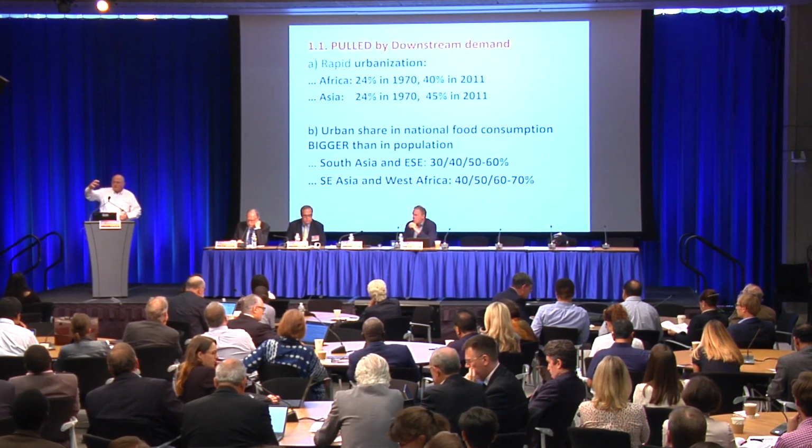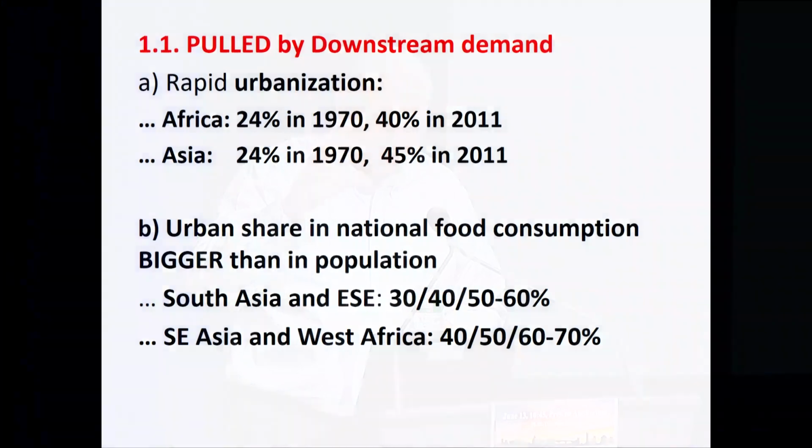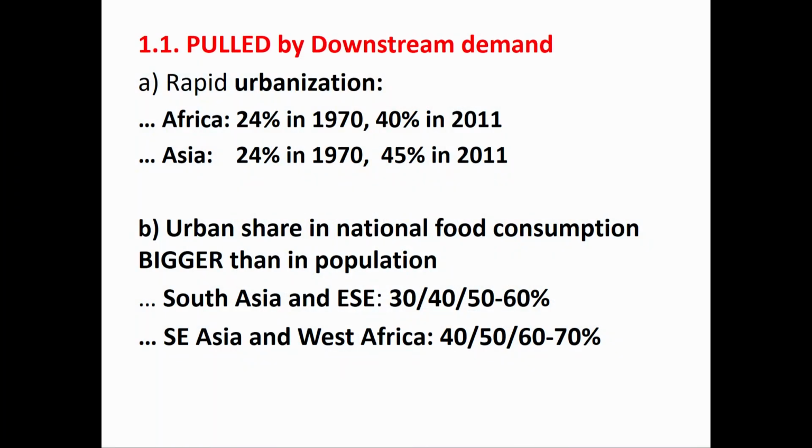And you can think of this process as pulled by downstream forces, which include urbanization and diet change, and facilitated by midstream forces of food system change, and upstream fed by upstream change in farms and input supply systems. And I'll focus more on the downstream and the midstream in this talk.